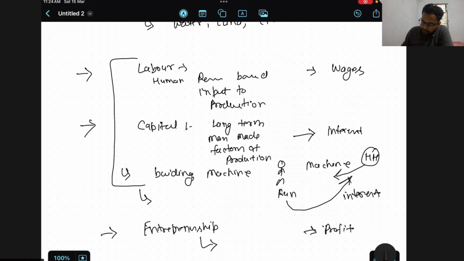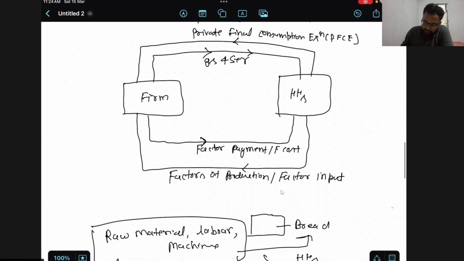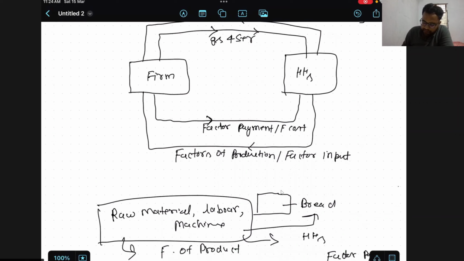So the factor payment for entrepreneurship would be profit. So these are the four factors of production in order to run any firm.